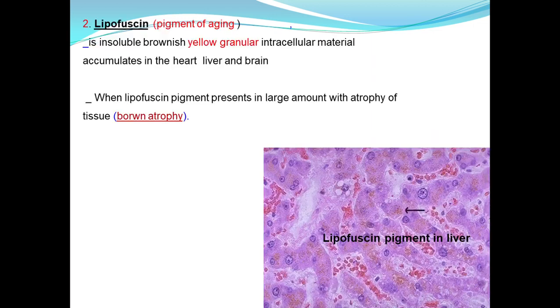The second endogenous pigment is lipofuscin, or the pigment of aging. It is insoluble, brownish-yellow, granular, intracellular, and it accumulates in the heart, liver, and brain.